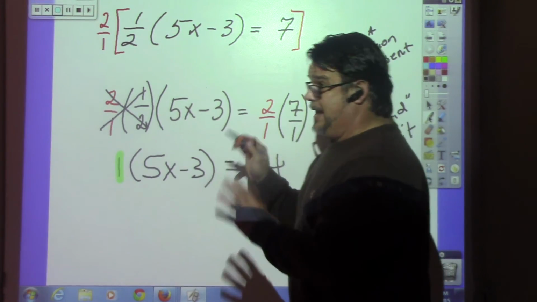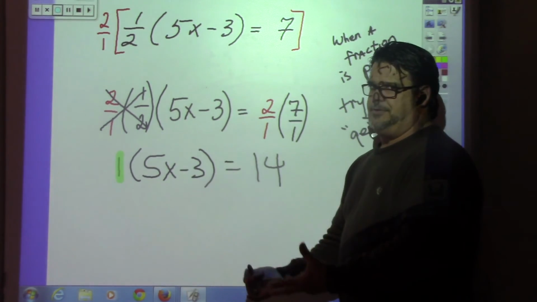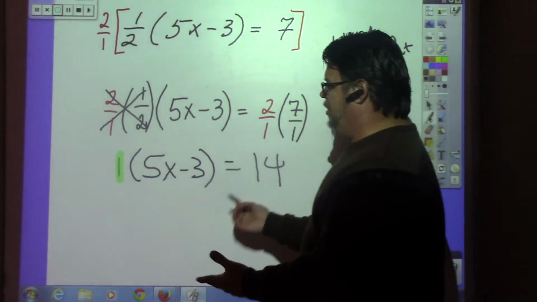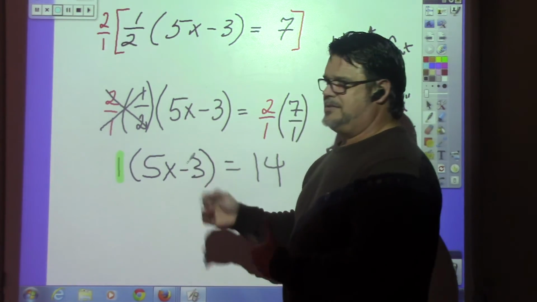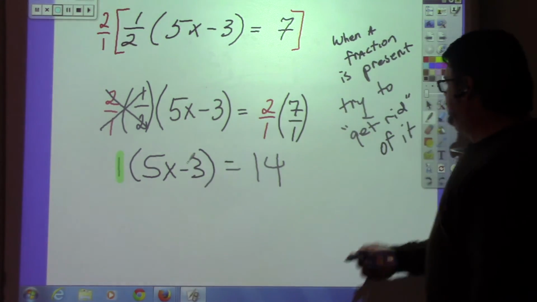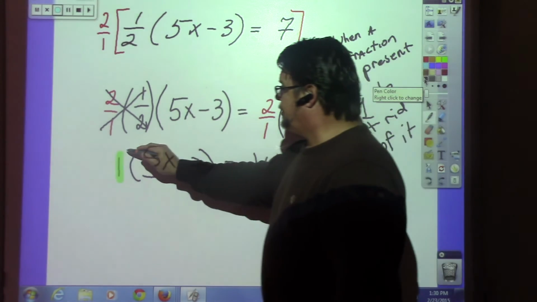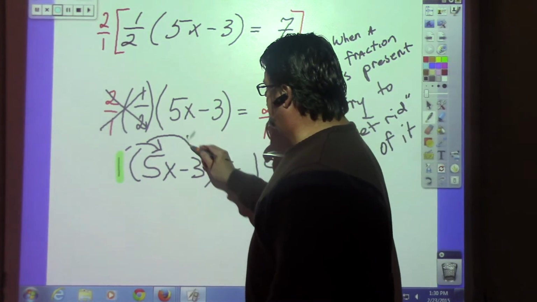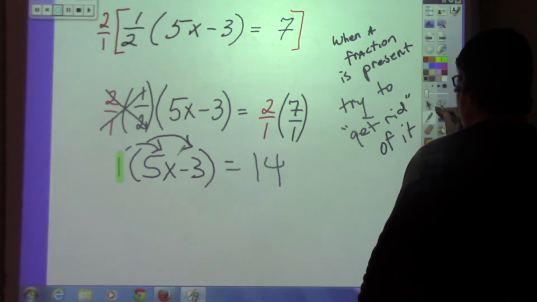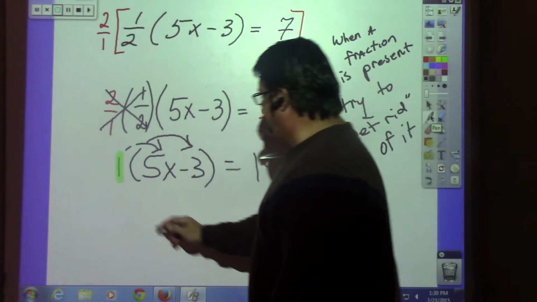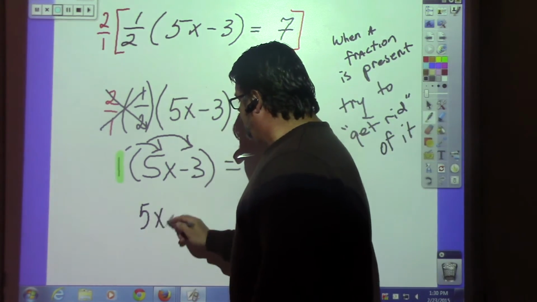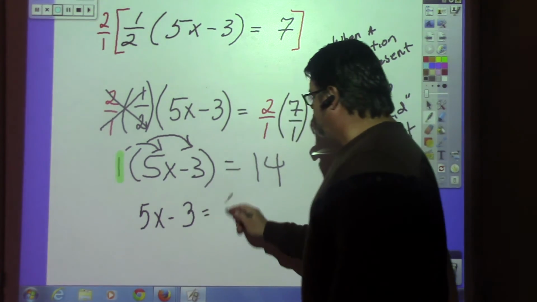Now, to actually get rid of the parentheses, you have to distribute. But we don't, because 1 times this is that, so we don't do that. But just so you will understand, I'm going to distribute the 1 here and here. And that gets rid of the parentheses. And that gives me 5x minus 3 is equal to 14.